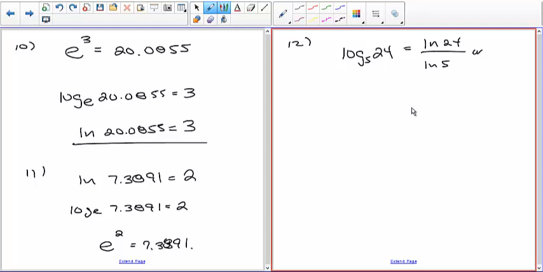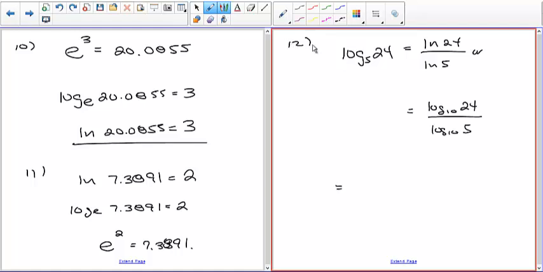Or you can take log base 10, which is log on your calculator, of 24 and divide it by log base 10 of 5. And it says using the change of base formula. It doesn't say use your calculator to do it.